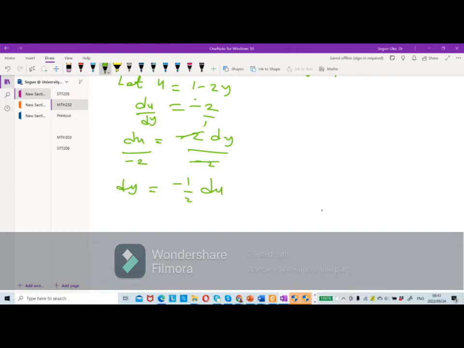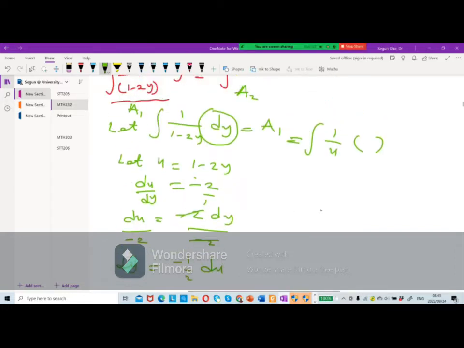So from this integration now, I can substitute my dy there. I will just divide it so that you can see what I'm doing now. So it will now be the integral of 1/u in brackets -1/2 du.